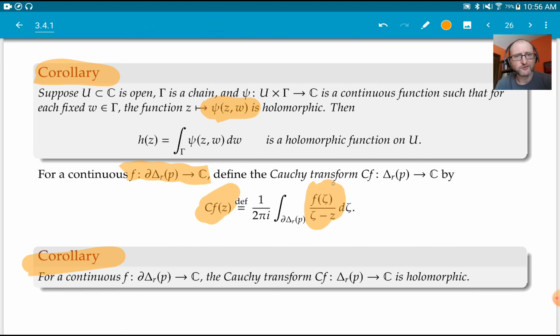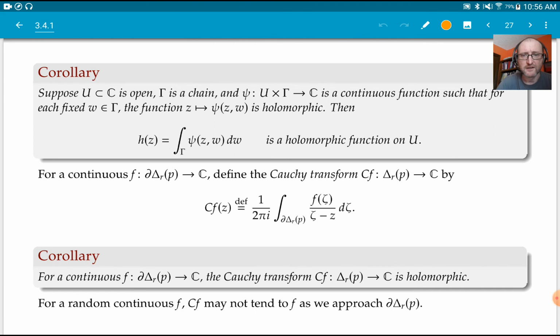I have it in two variables, so maybe the W over here is the zeta over here. And so that's holomorphic. Now again, if we don't know anything about F, the values of CF and the values of F may have nothing to do with each other.